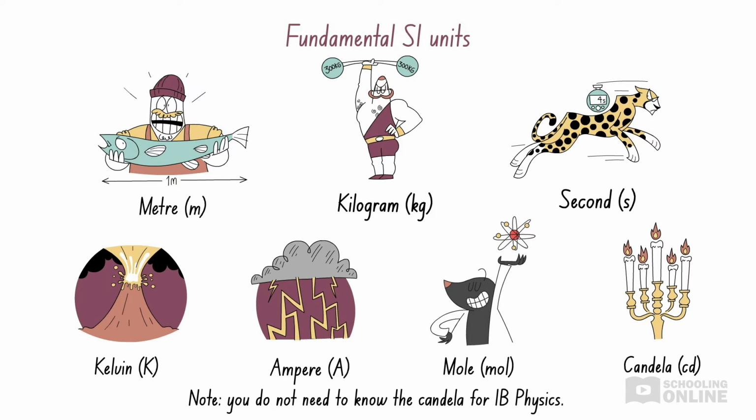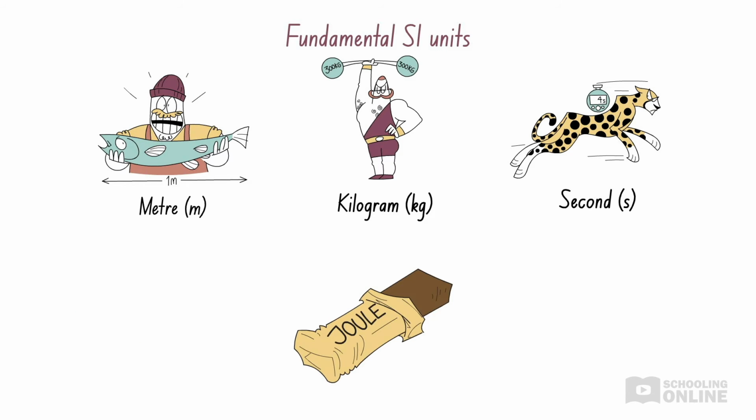These are called fundamental SI units because they are the building blocks from which all other quantities in science can be expressed. For example, the unit of energy, joules, is based upon the kilogram, the metre, and the second. We'll discuss this in our upcoming video on dimensional analysis. Note that each unit has its own name and symbol.